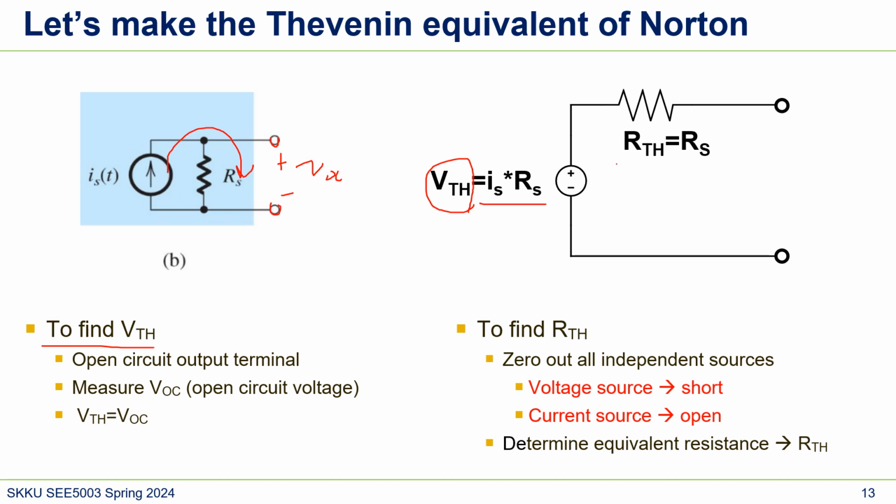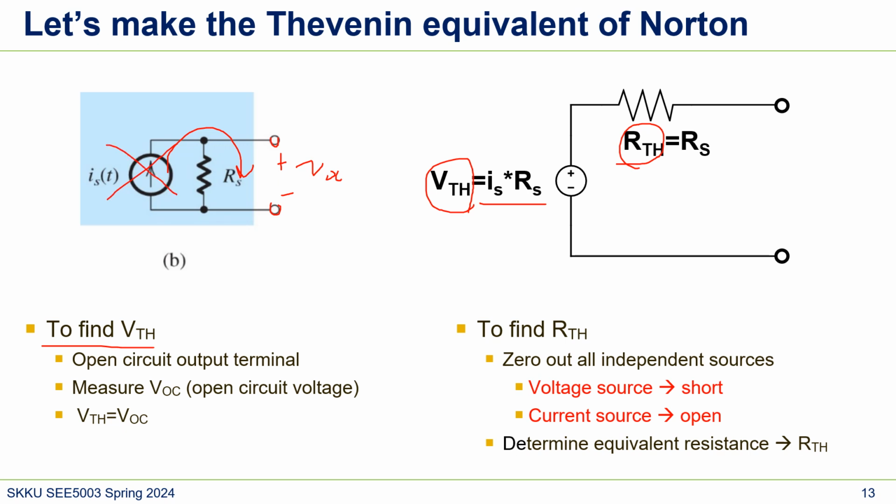And let's find RTH, R Thevenin. This part is a little tricky. What we have to do is zero all the independent sources. For example, the voltage source should be shorted and the current source should be opened. What do we have here? We have a current source, right? So we have to open it.